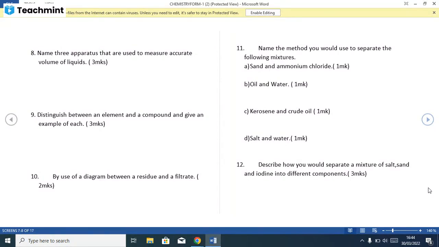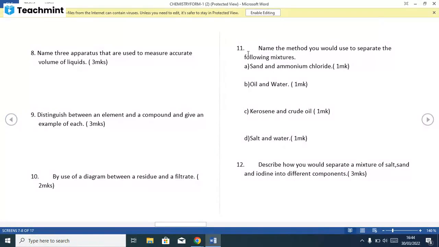Okay, the others you will look at. Number 10 also will be part of your assignment. Mark that, number 10.